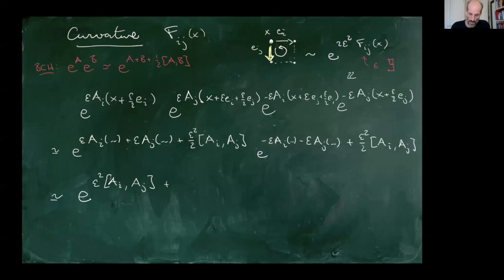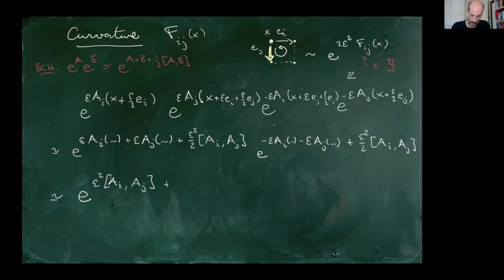So the epsilon squared term here corresponds to, if I look at, for example, this guy minus this guy here, this is actually just the derivative of the A_i guy in the jth direction, maybe with a minus sign. And this guy minus this guy here is just a directional derivative of the A_j guy in the i direction, with a plus sign here.